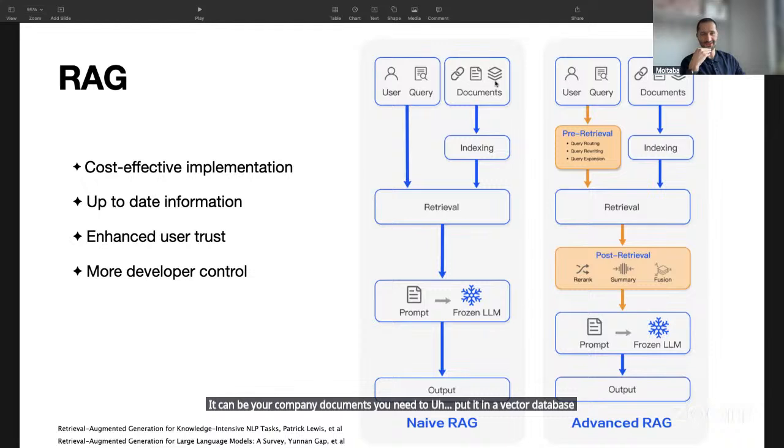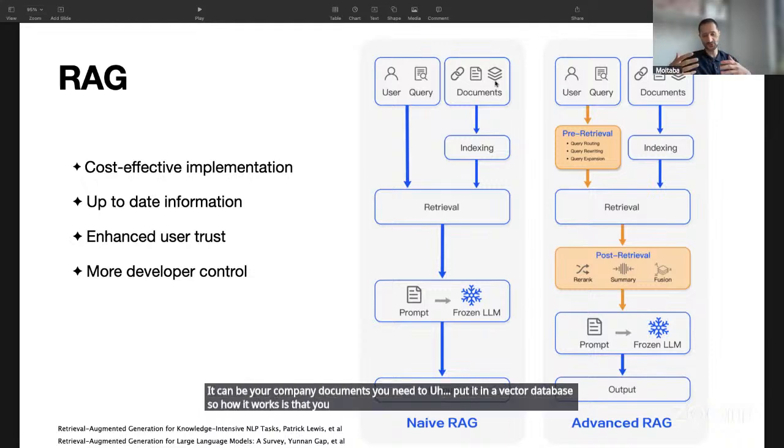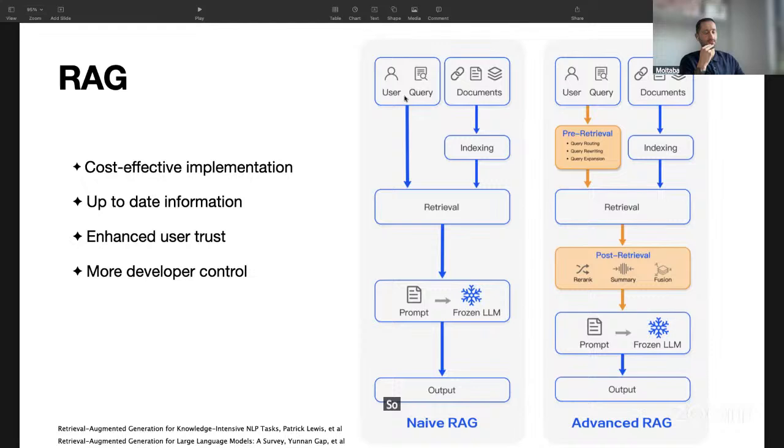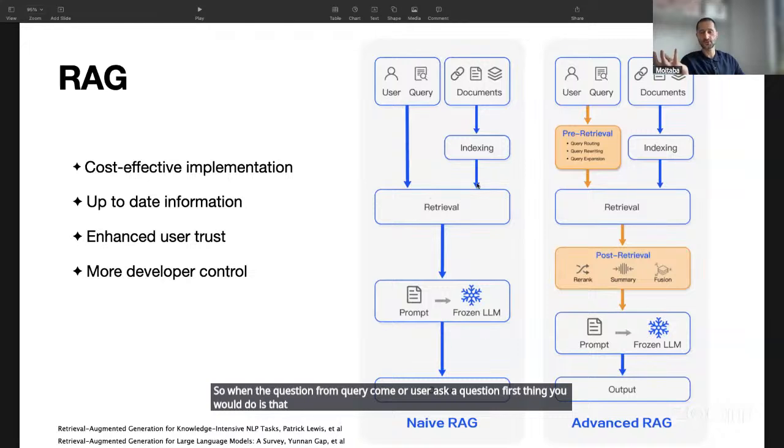You need to find a way to chunk your big documents into something smaller, save it in a vector database, and index it. So when a query comes, or the user asks a question, the first thing you do is send this query to retrieve the relevant chunks from your vector database.